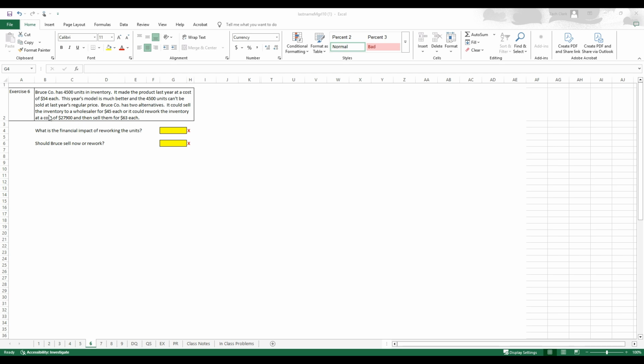We can't sell last year's product at a regular price. We have two alternatives. We could sell the inventory to a wholesaler for $45 each, or we could rework the inventory at a cost of $27,900 and then sell them for $63 each. So what is the financial impact of reworking the units?